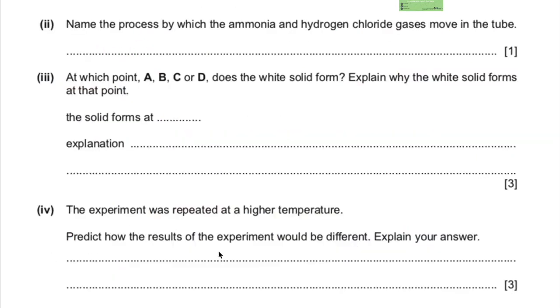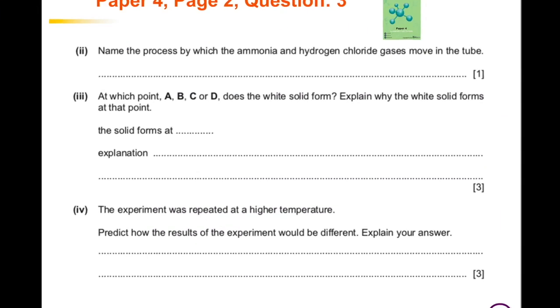Predict how the results would be different if you had it at higher temperature. So what would you expect to see if the same experiment was done at a higher temperature? We already know that the higher the temperature, the faster the diffusion. So if the same experiment happened at higher temperature, then you expect the result to appear much faster.